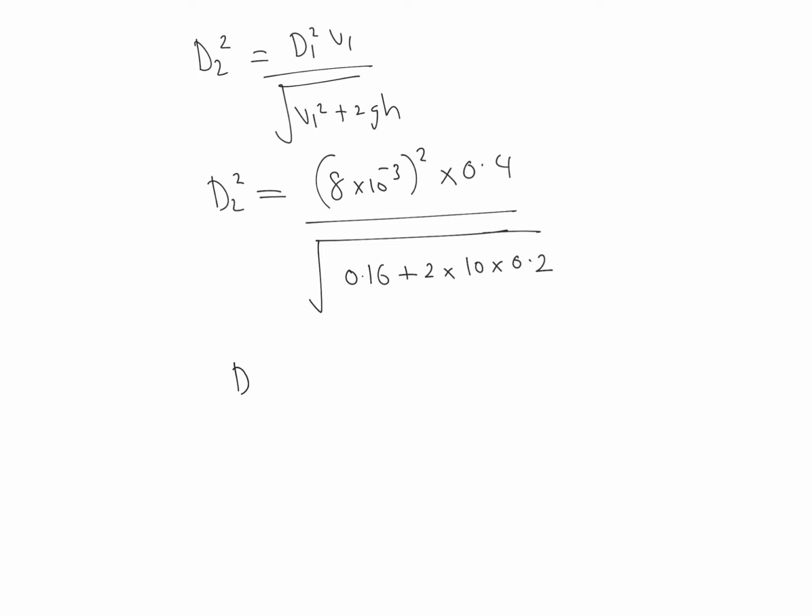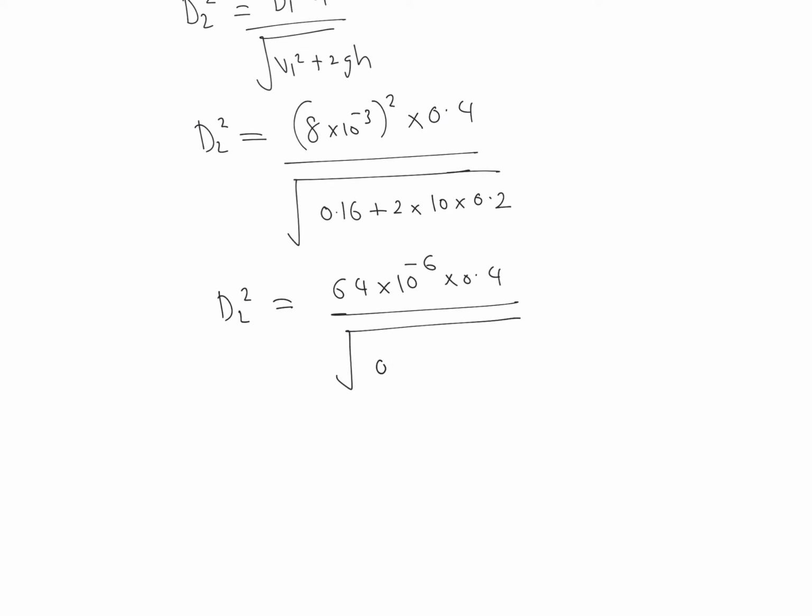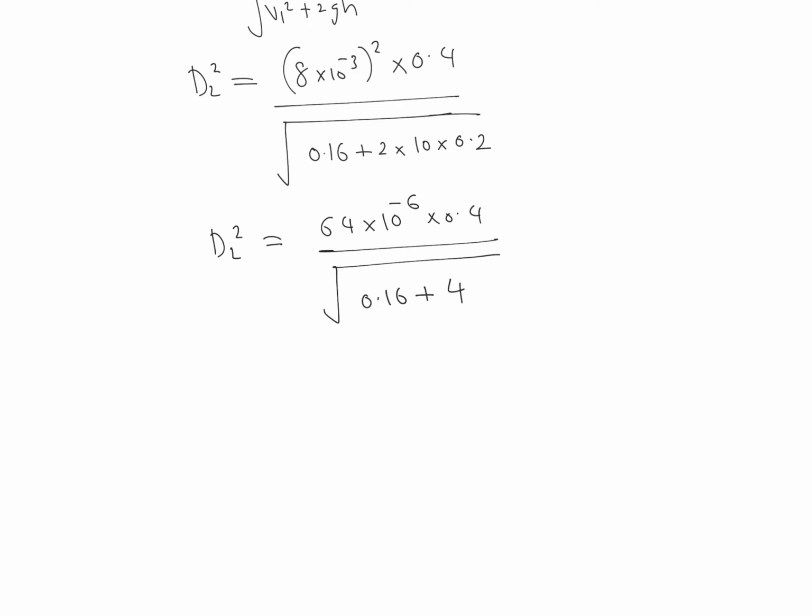So we can write the value of d2 square is equal to 64, the square of 8, and 10 raised to minus 6 into 0.4 divided by under root of 0.16 plus this is going to be 4.